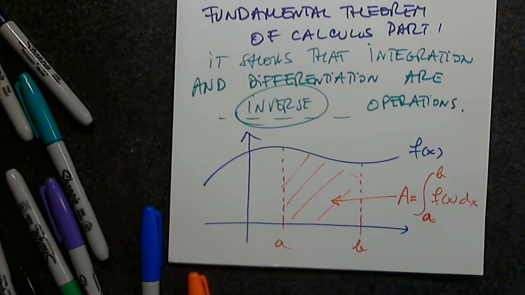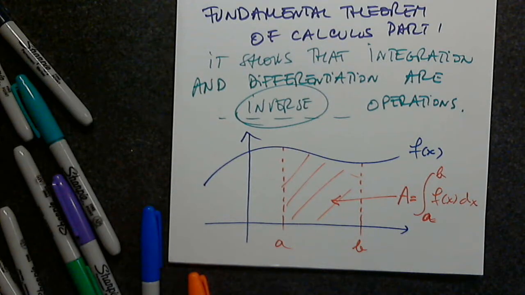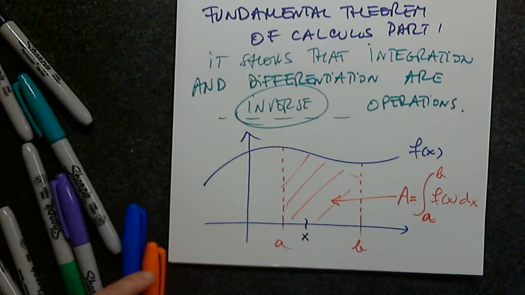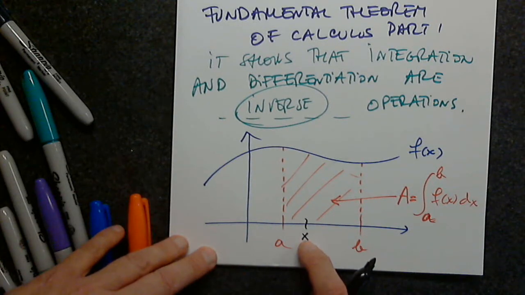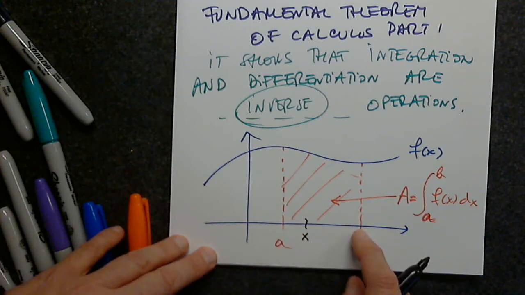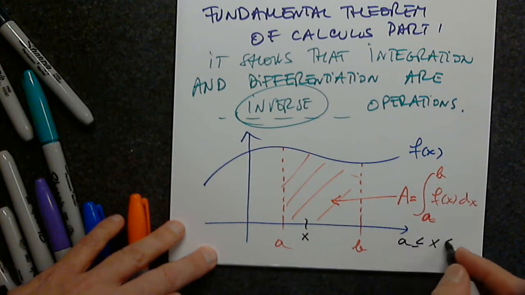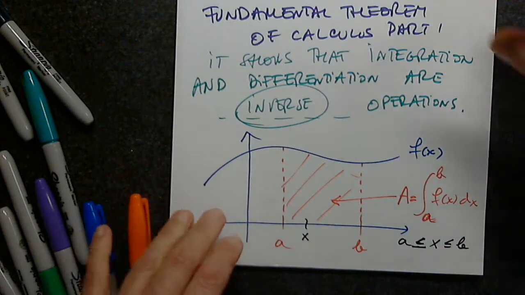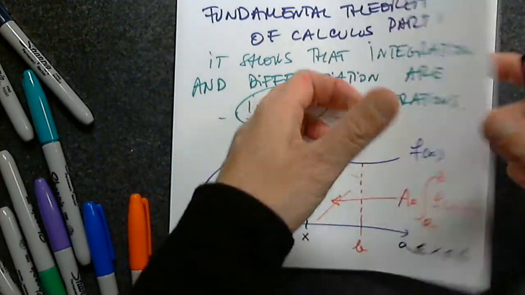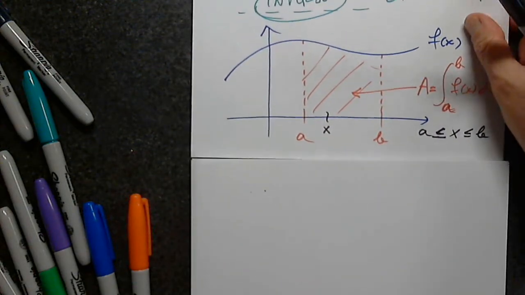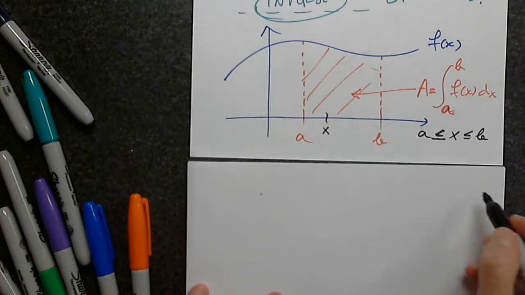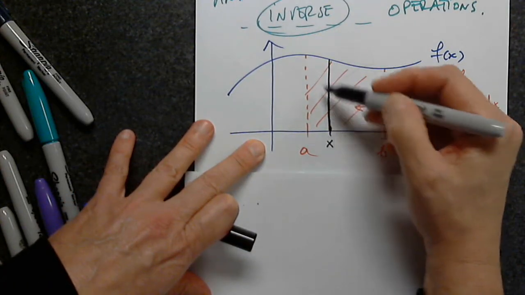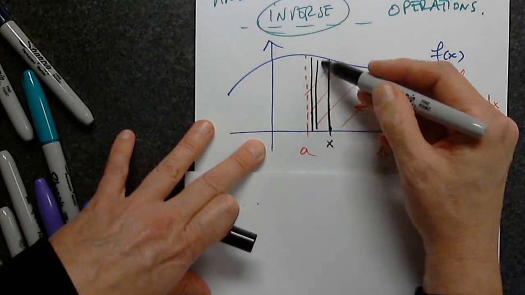Now, please pay attention. I'm going to say that x is any number between a and b. And I would like you to give me the area that is this. Only this piece.